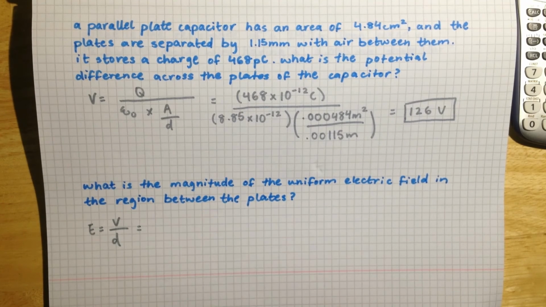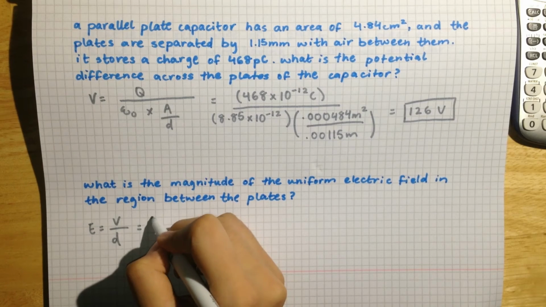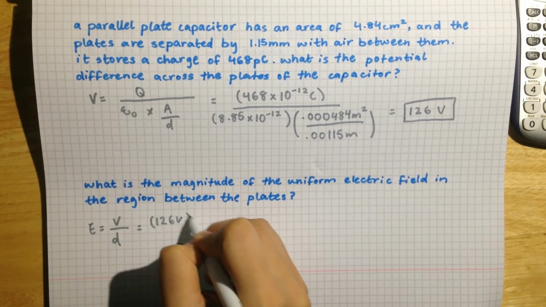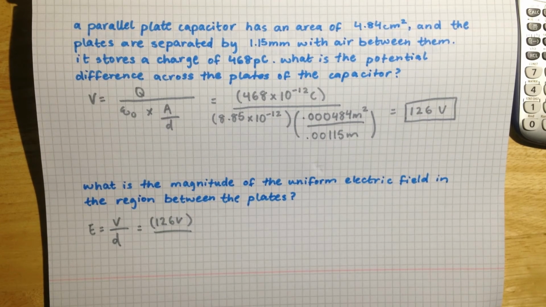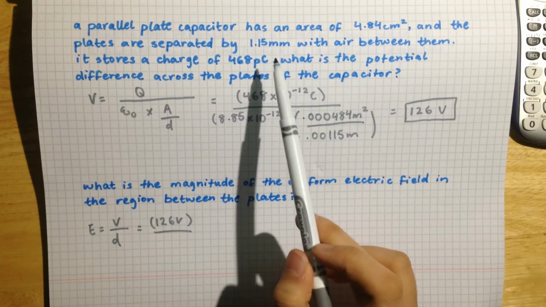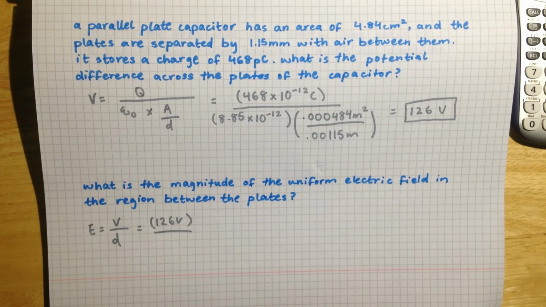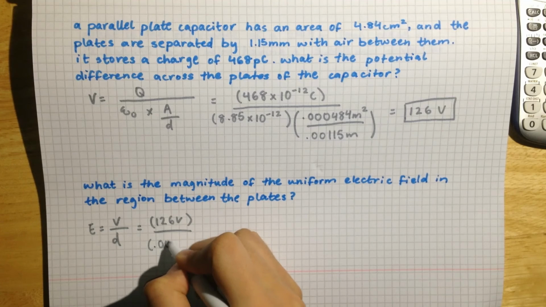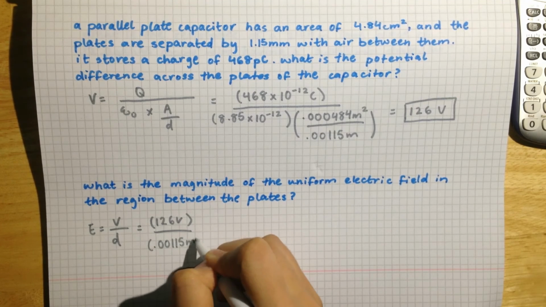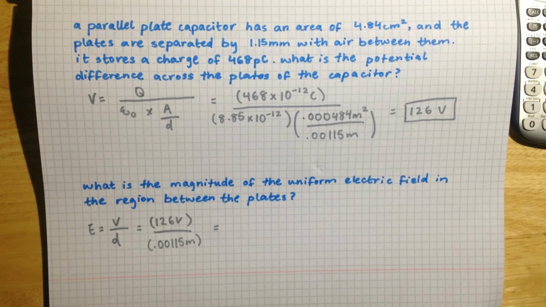We just calculated V in the last part, so 126 volts, divided by the distance they gave us, which has to be in meters again, 0.00115 meters.